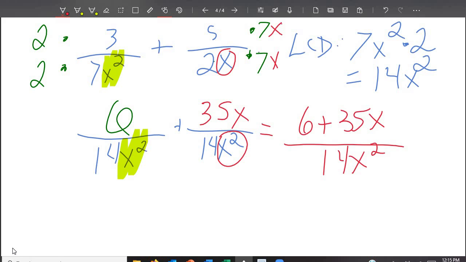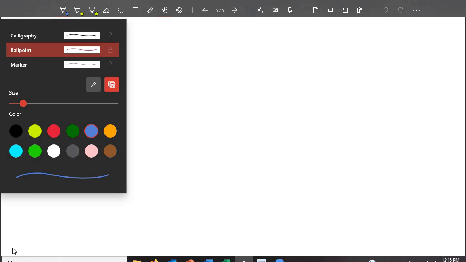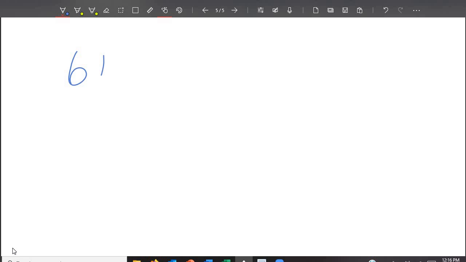Let's try this one. This is a whole number plus a fraction. Now, when you're dealing with whole numbers, you want to put them over 1 so that you've got two fractions.